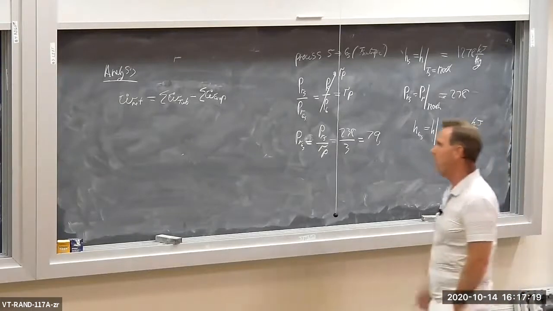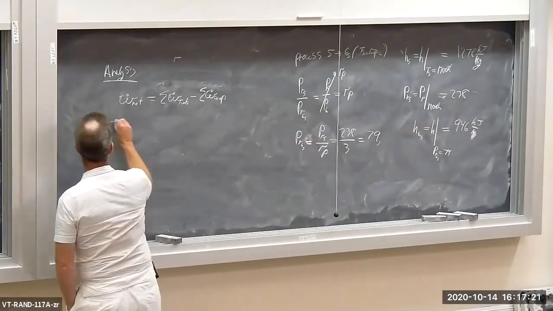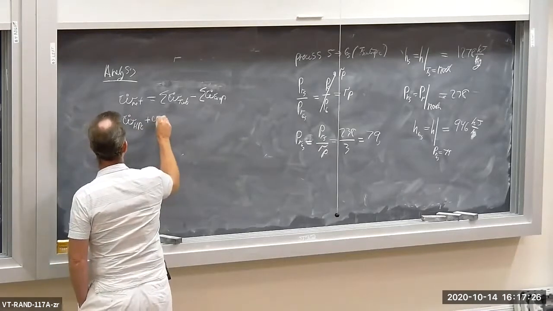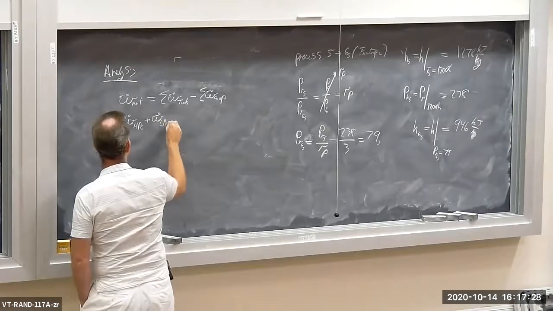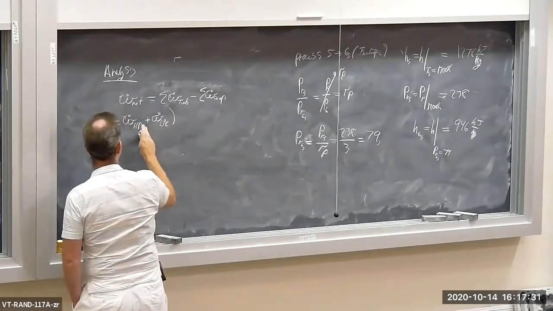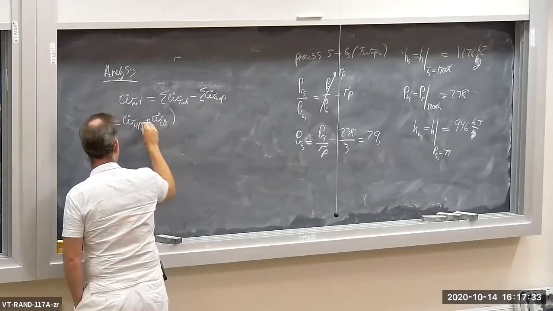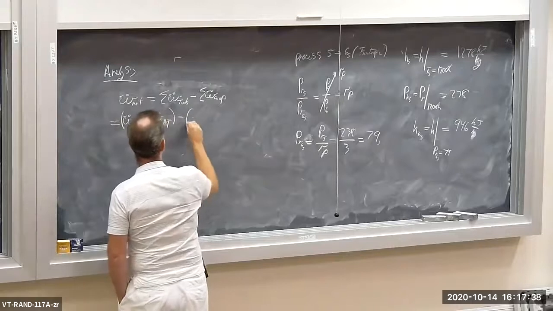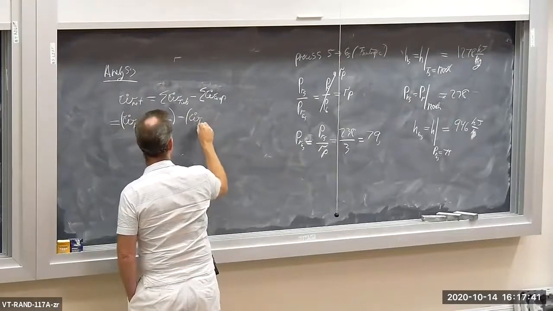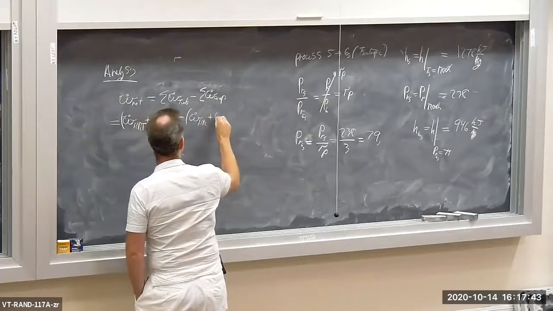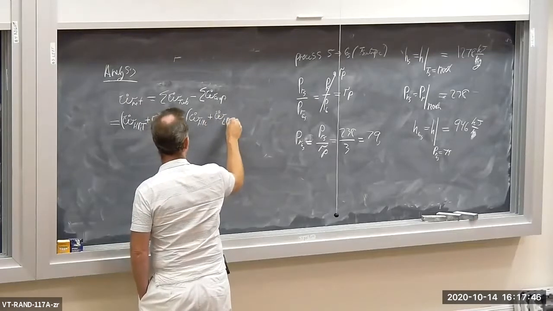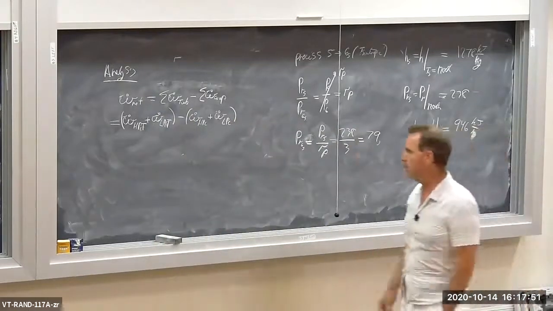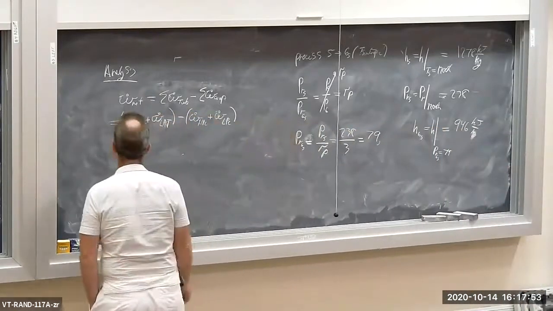Now I have 2 turbines and 2 compressors. So I have W dot HPT plus W dot LPT, I'm sorry, turbine, not compressor, minus W dot HPC plus W dot LPC, okay? Now I can divide top and bottom by m dot for the air flowing through the cycle.